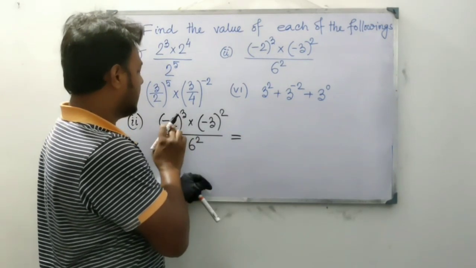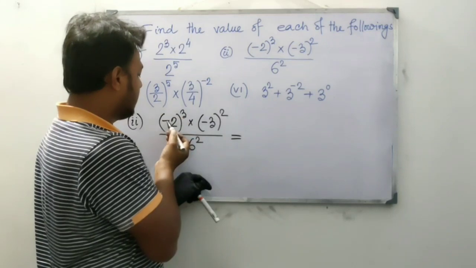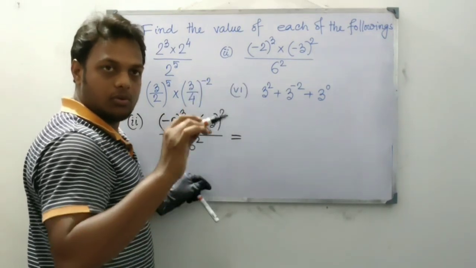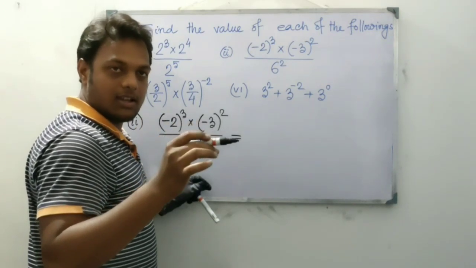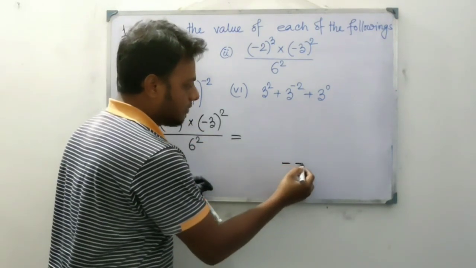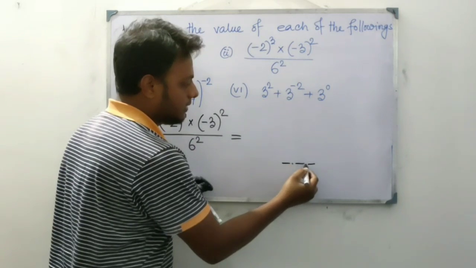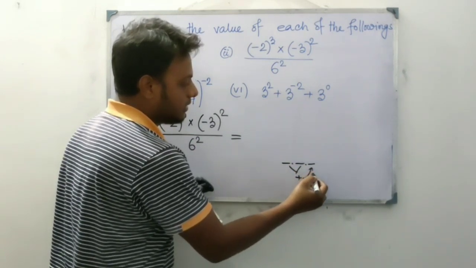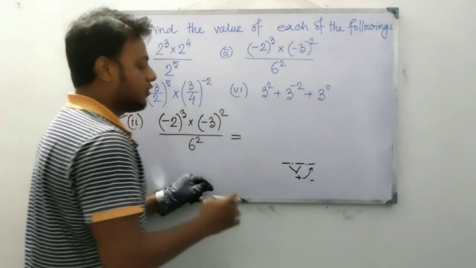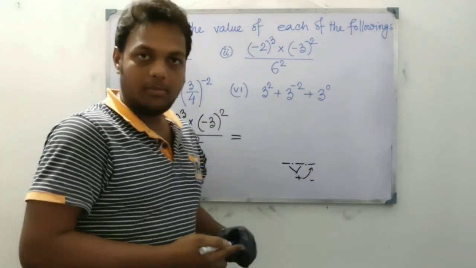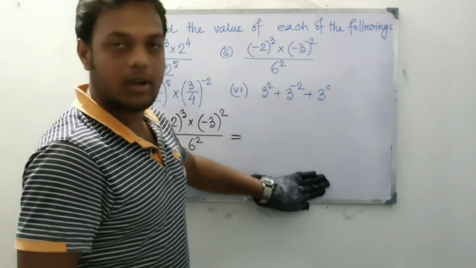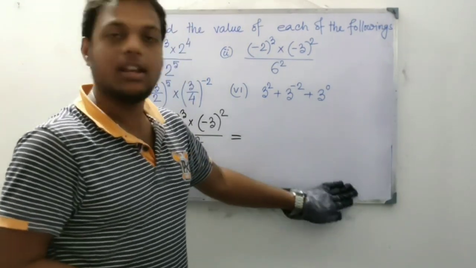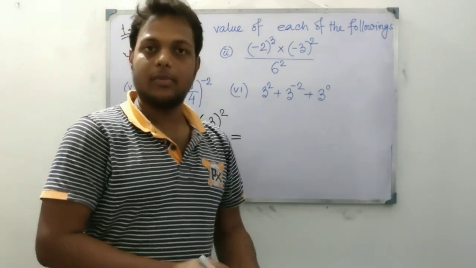We will expand it. Minus 2 cubed means we multiply minus into minus into minus. We know minus into minus means plus, and plus into minus again gives minus. So if we multiply an odd number of minus signs, it remains minus, and if we multiply an even number of minus signs, it becomes positive.